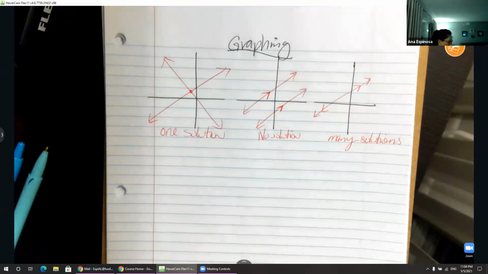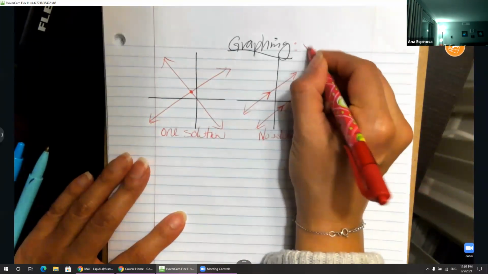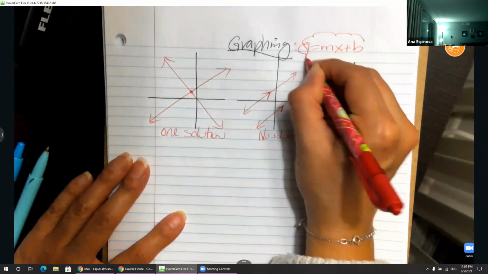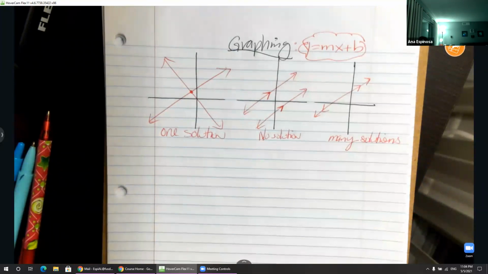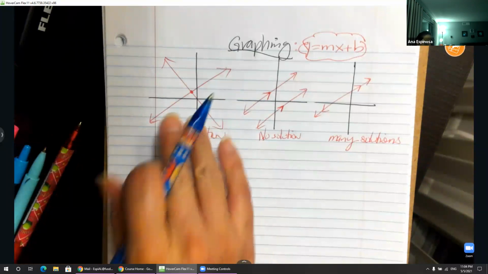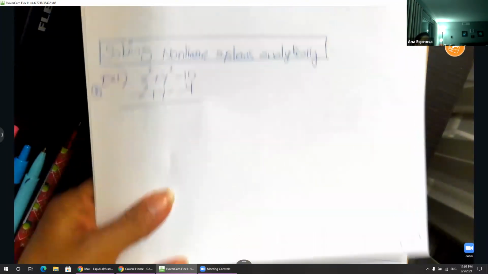Now, for this, okay, I'm going to quickly go over this. Let's suppose that your equations are all written in this form. Okay, so this means the following. When you have one solution, and this is on the fourth page of the notes.